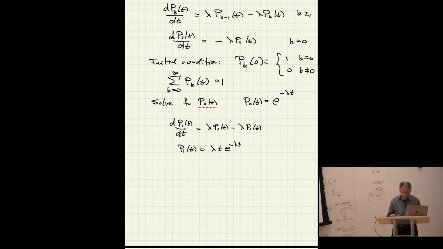Okay. Now, if we continue that by induction or any other method you like, it gives the solution as follows. p_k(t) for this pure birth equation is equal to (lambda t)^k over k factorial, e to the minus lambda t, and that's for k greater than or equal to 0 and t greater than or equal to 0.